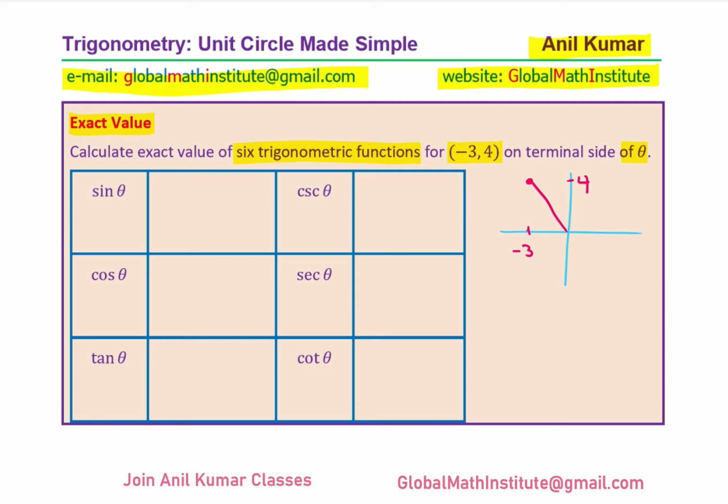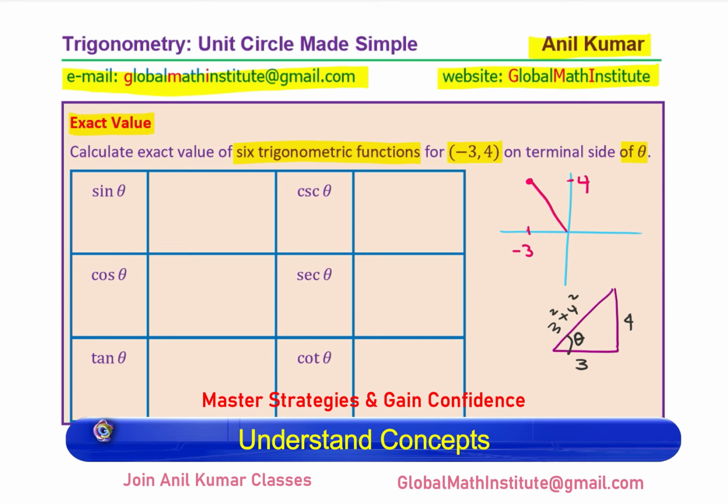So the first thing which you should do is consider a right triangle. So here, the x value is given to you as 3, y value is 4, the angle being theta, right? Find the hypotenuse, which will be the square root of 3 squared plus 4 squared, correct?